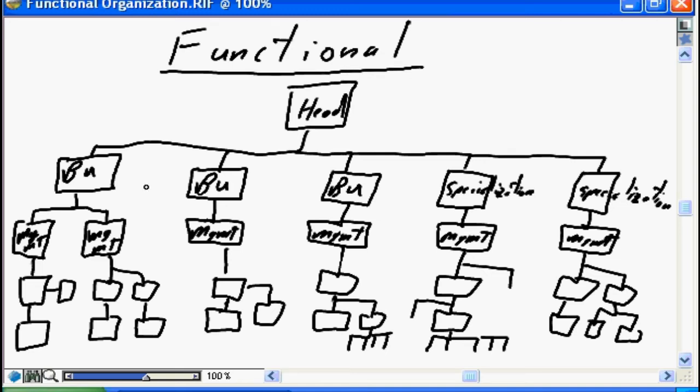A functional organization is very much traditional organizational structure, where you have your business head, your CEO, your president, whatever the main functional ownership for the company is going to be. And then that will break down into a number of business units. So we have business unit 1, 2, 3, 4. There may be also specific specializations.